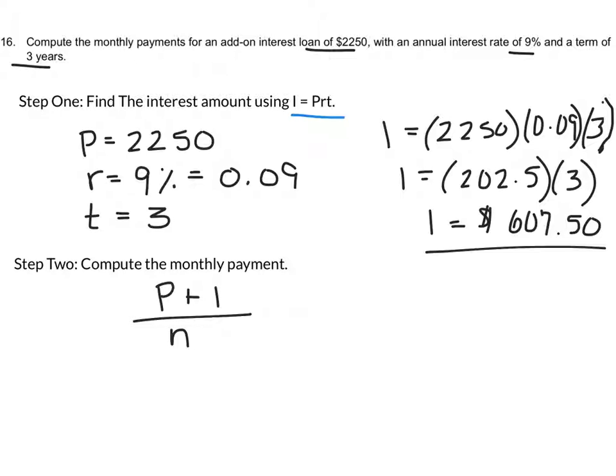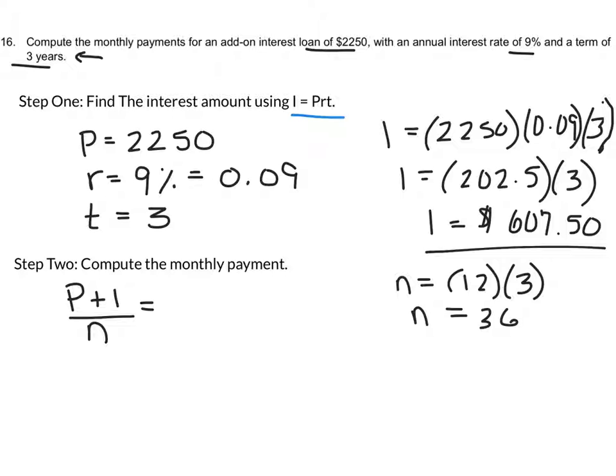Now, if we go to our problem, we see that the number of years is 3 years. So if we have 12 months in a year, the number of monthly payments for the entire lifetime of the loan is 12 times 3, which equals 36. So N equals 36.